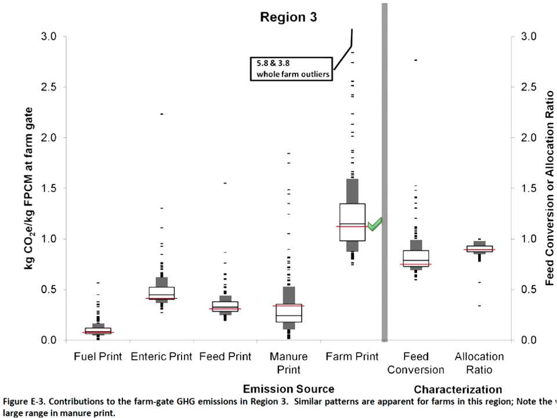So this was the average for Region 3, which is just above 1, I think it's about 1.1. The very best farms were in here at about 0.6, 0.7. And then we had farms that were very high. We had one farm that was 5.8, one farm that was 3.8, which didn't actually fit on the graph. They're way, way up here. But you can see there's a bunch of farms up here. It's a very skewed distribution.